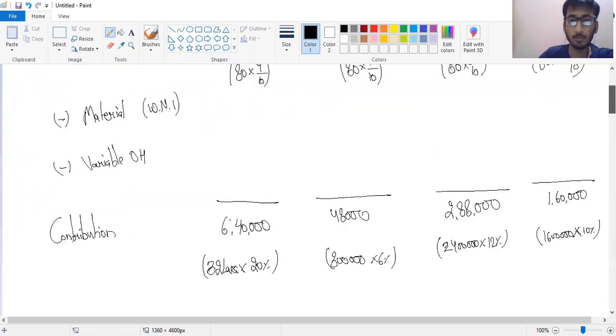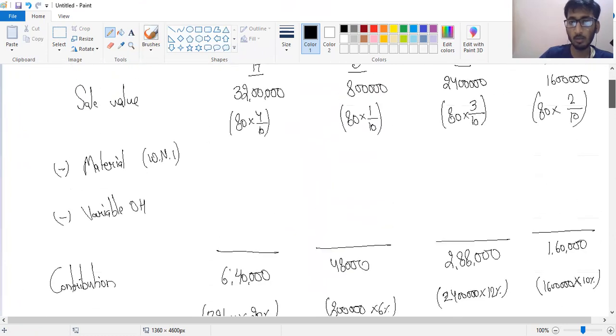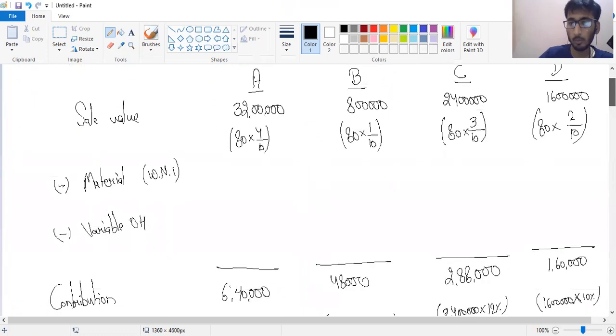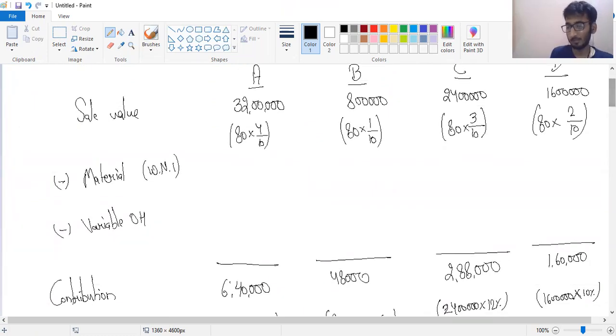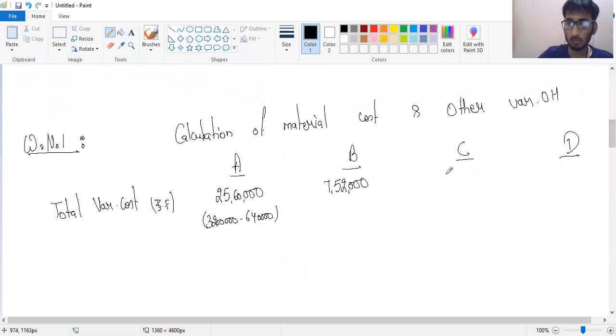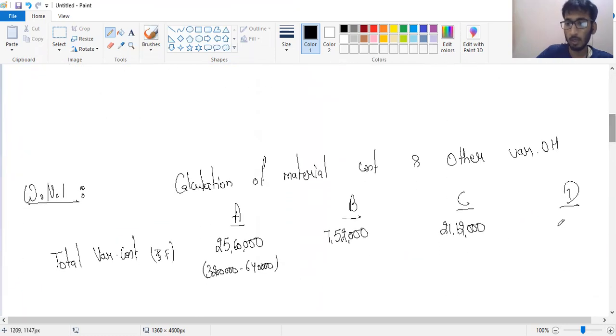So it would be 25 lakh 60,000. Then 752, then 2112, and 1440.